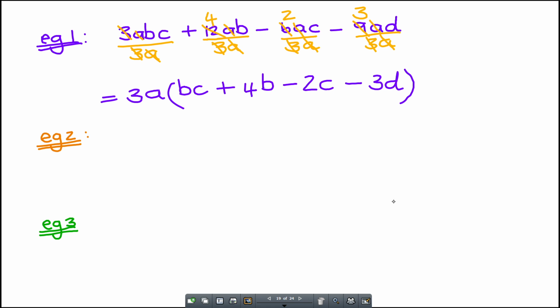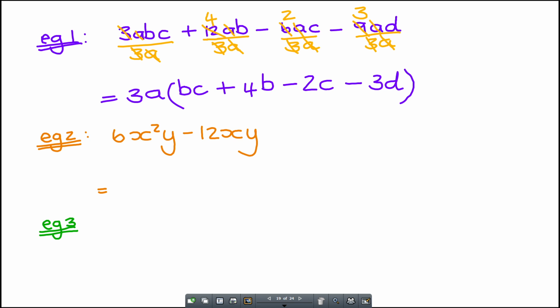Okay. Let's look at example 2. 6x squared y. You have to look for common, means it's the same for all of them.